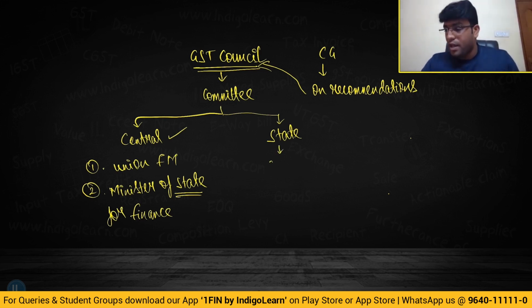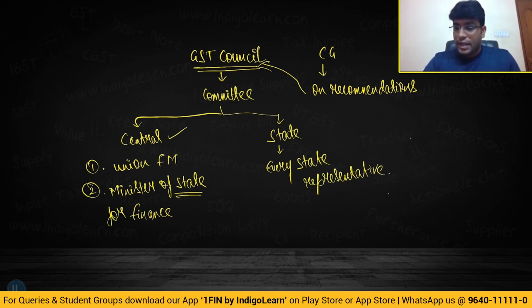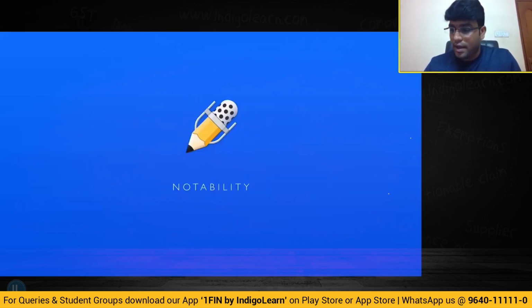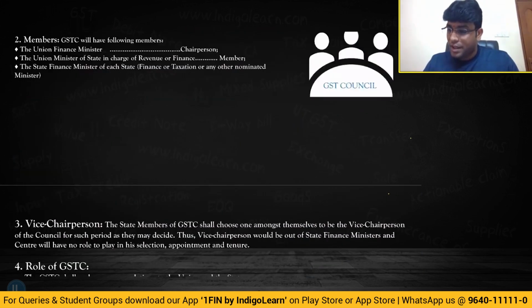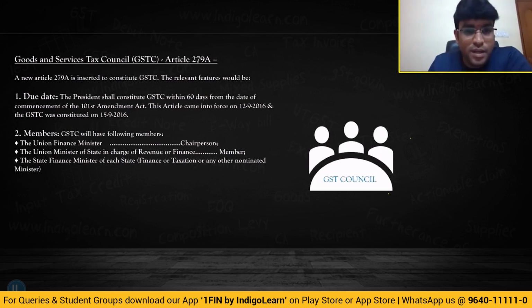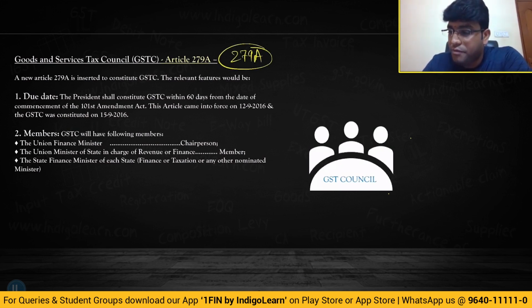On the state side, we have every state representative. In fact, I already gave this in the presentation. I want you to look at that once. Try and look at the slide where I gave out the GST Council. The concept of the GST Council is dealt with by Article 279A. Very important.